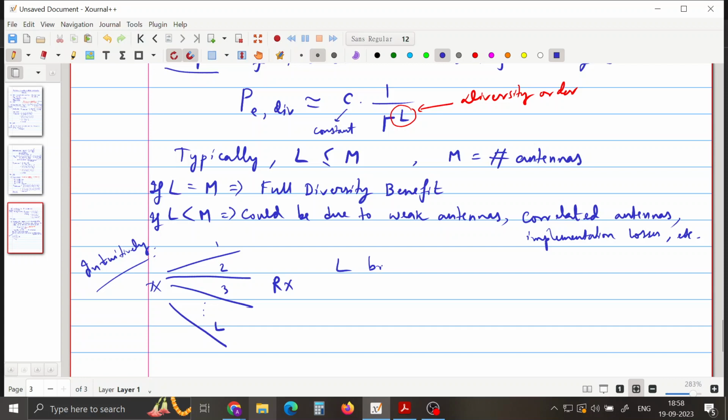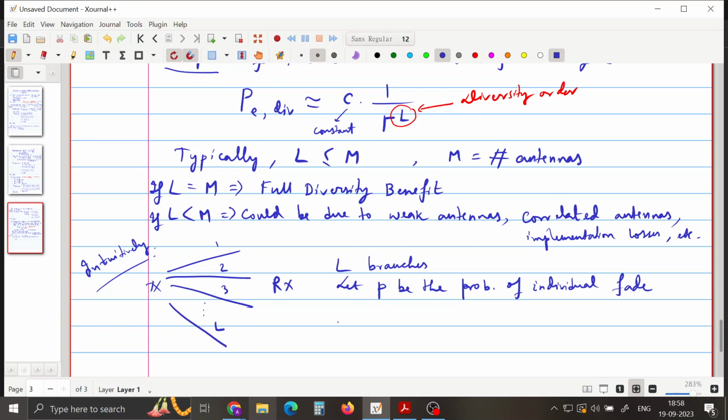Let p be the probability of individual fade, meaning that one of the branches goes to fade with probability p.